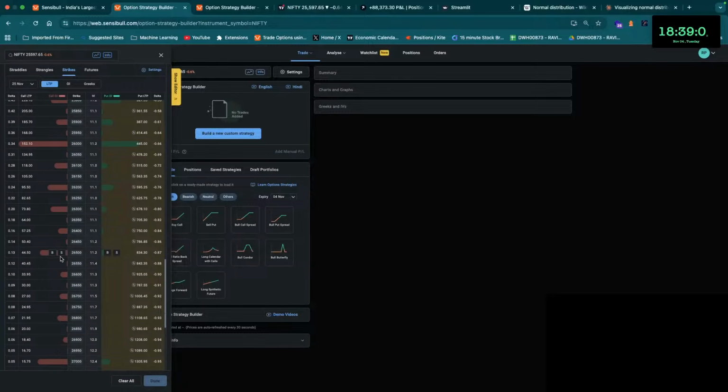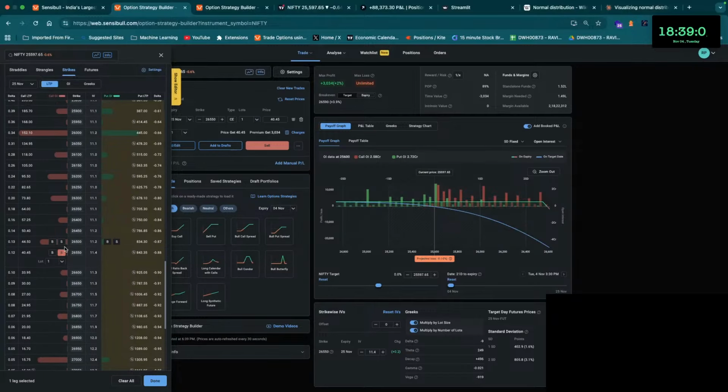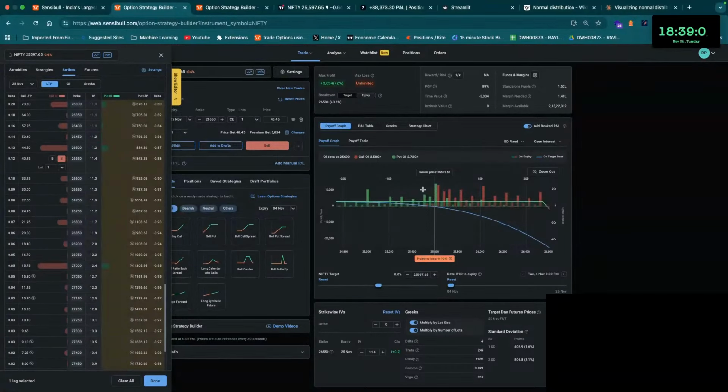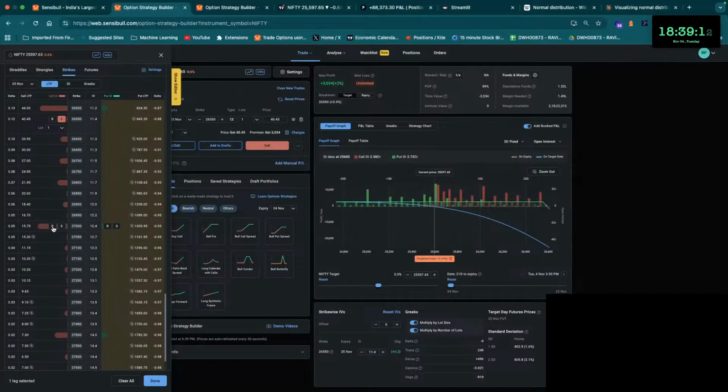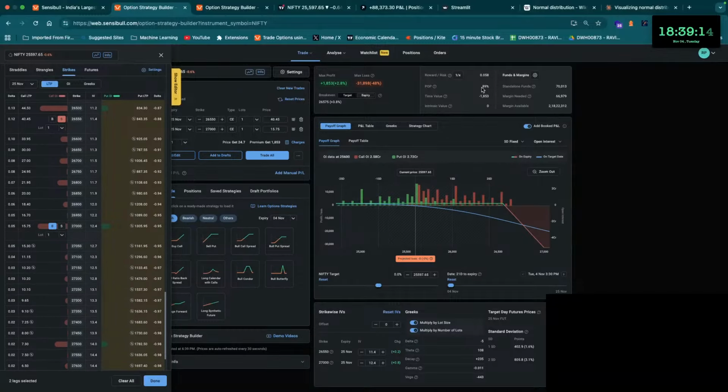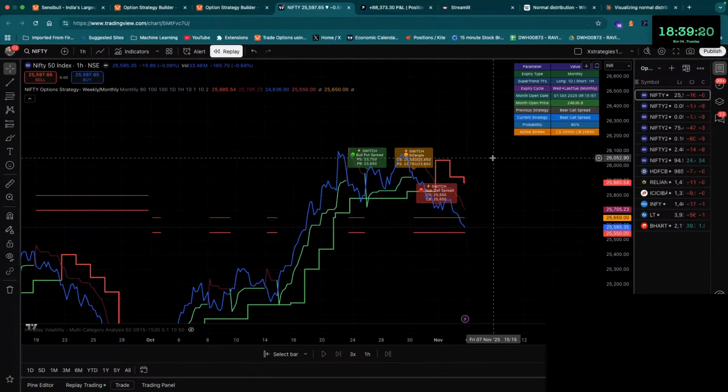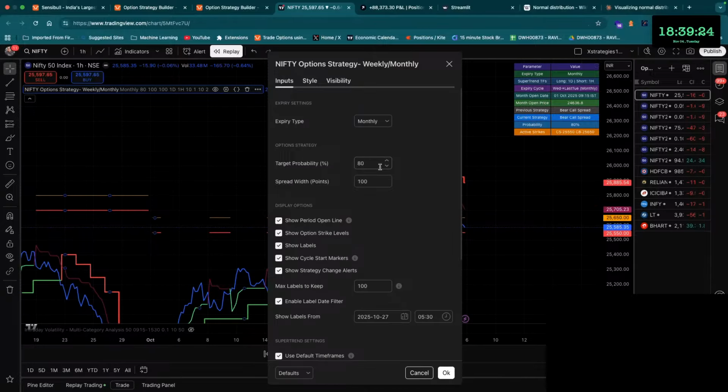Sensible will probably show a lot higher compared to whatever I had shown, because they predominantly go with the IV, but mine is real data. They're showing about 89%, but from the data perspective, this is only 80% probability, not 89%.